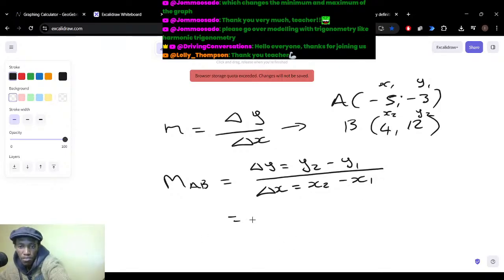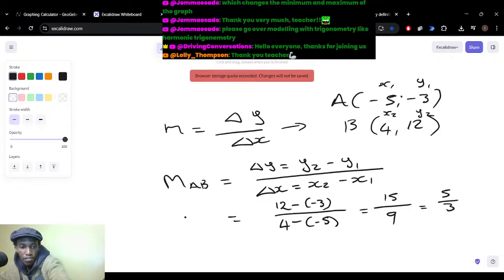So let's substitute. y2 is 12 minus 3, x2 is 4 minus 5. So we get 15 over 9, so this is 5 over 3. So we have calculated the gradient of AB using the 2 points that we were given.